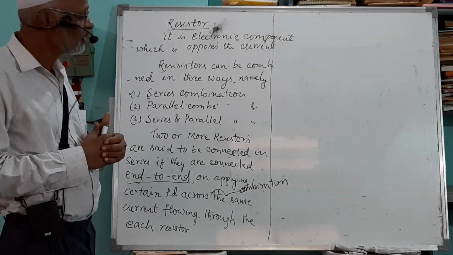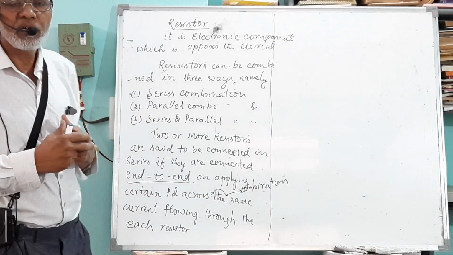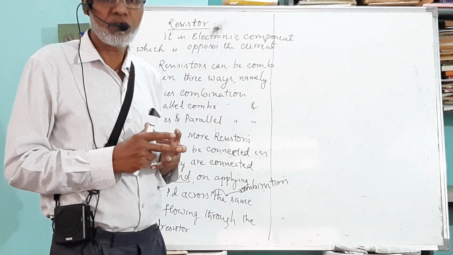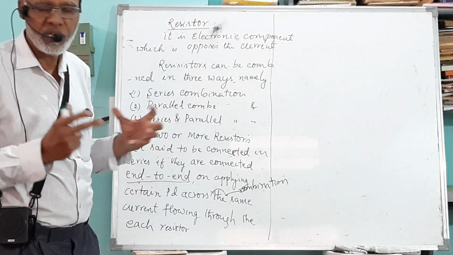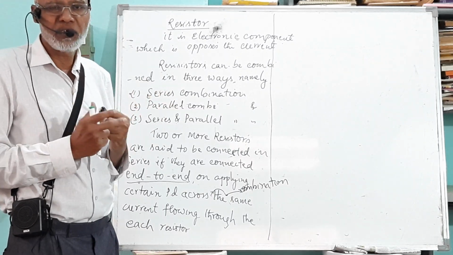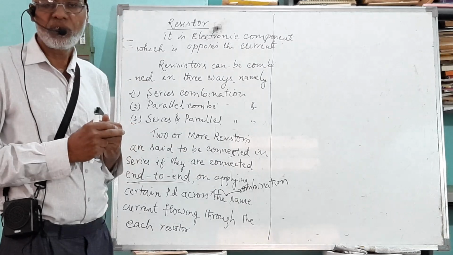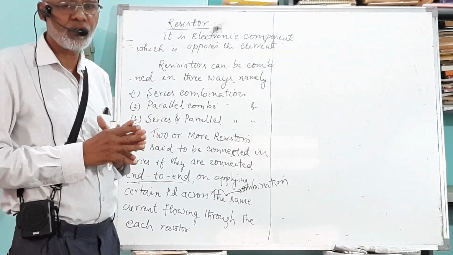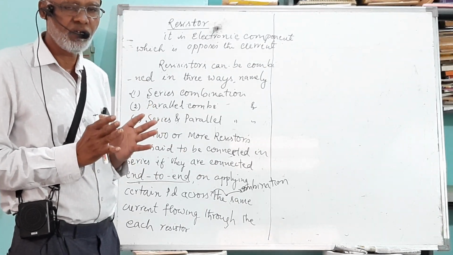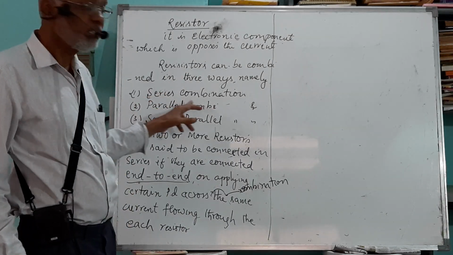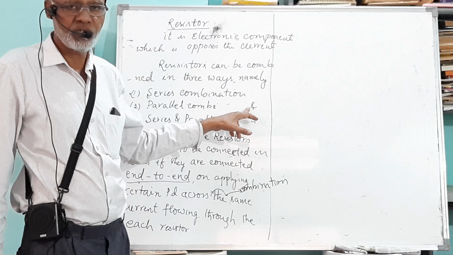Now let us see how we can connect, or arrange, resistors in the circuit. Resistors can be combined in three ways. First is resistors in series, or series combination of resistors.